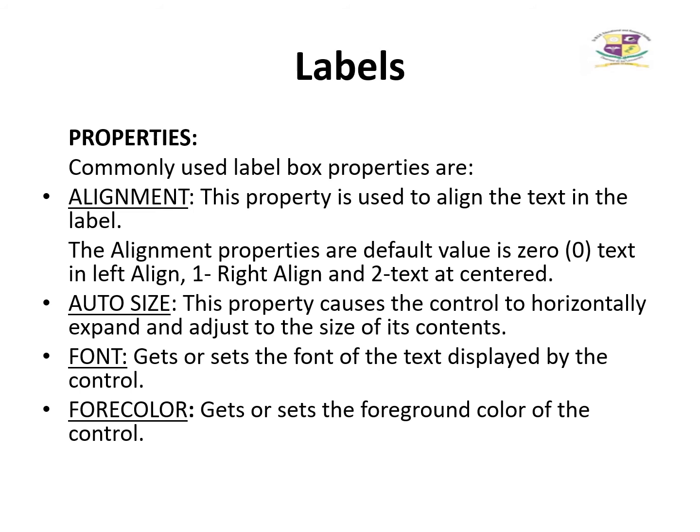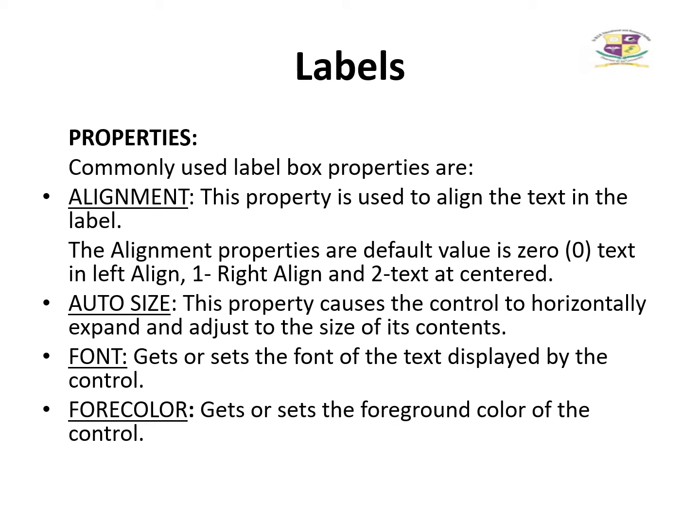Labels. The various properties for the labels are alignment, auto size, font, forecolor. Alignment. It is used to align the text either in left align, right align and centered. That is 0 for left align, 1 for right align and 2 for centered.